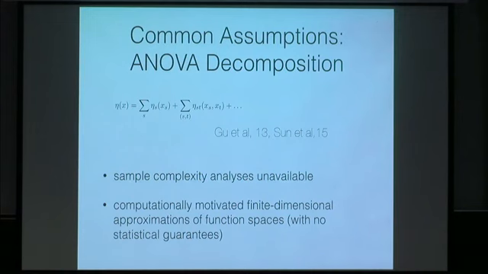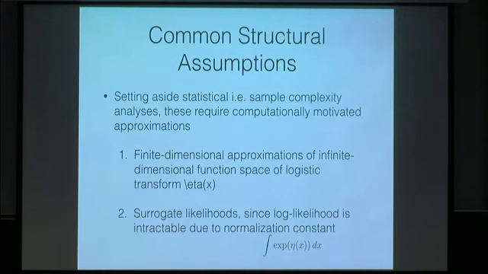Right? And so this is where we are. And again, I want to emphasize the computational bottlenecks, even setting aside the sample complexity analyses, right? So again, like I mentioned, in many of these recent methods, even the exponential sample complexity analysis is not available, but even setting that aside, it's a computationally very difficult problem, right?